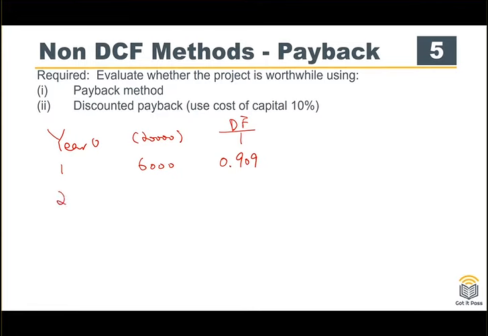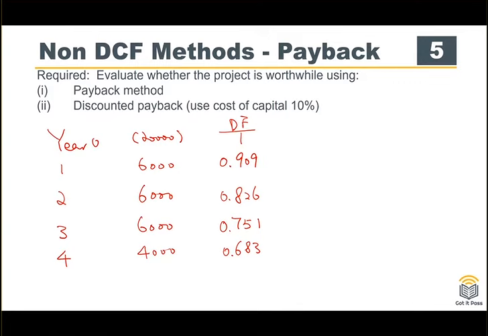The second year we get 6,000 too, with discount factor 0.826. The third year is 6,000, with discount factor 0.751. The fourth year is 4,000, with 0.683.